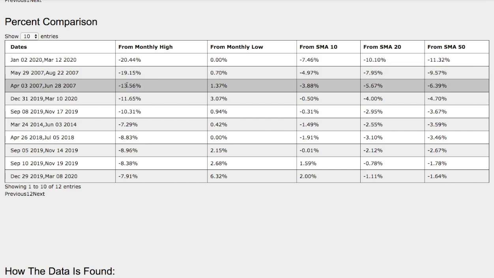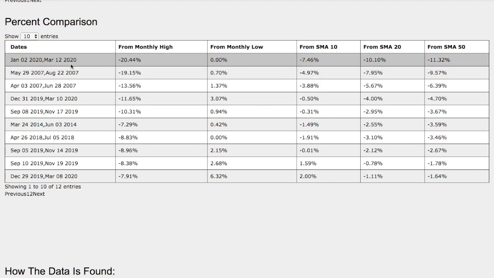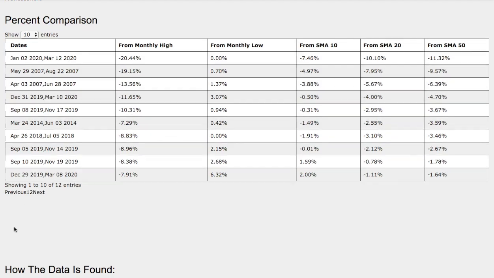And we see less of a decline on the monthly side and slightly higher on the monthly low, slightly lower on the moving average 10, slightly lower on the 20, and the 50 moving average is slightly lower than the current trend. So do take that into consideration.